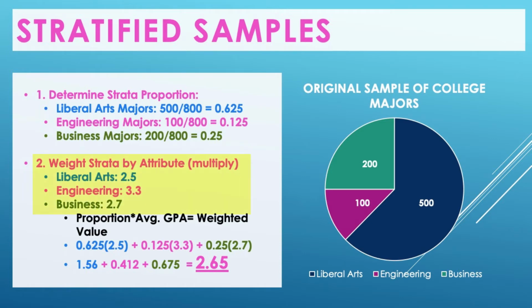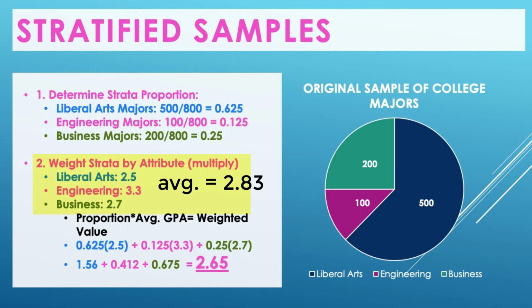Just to illustrate this point, if we took these GPA statistics, the averages for each of these college majors, 2.5, 3.3, and 2.7, and added those up together and divided them by 3 to get an estimate of the total GPA of the college, then that would equal 2.83.